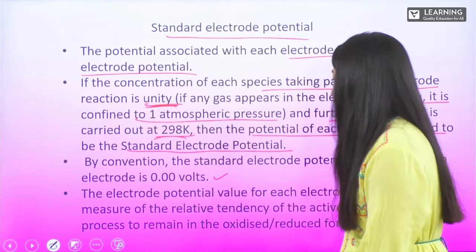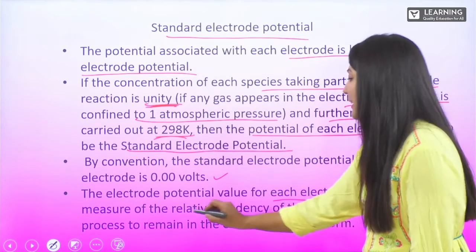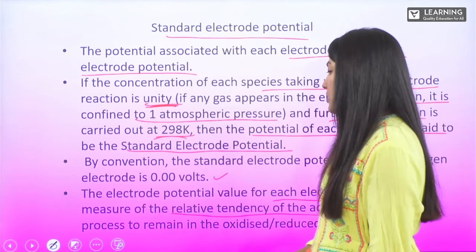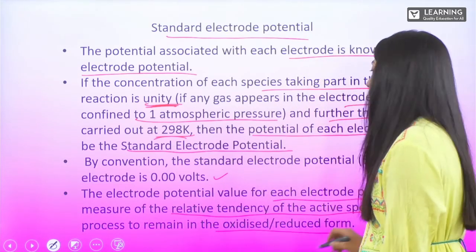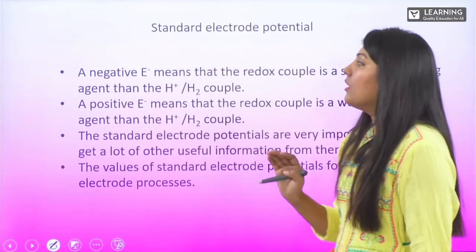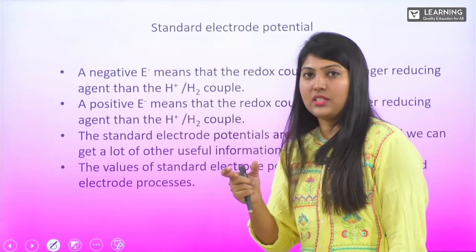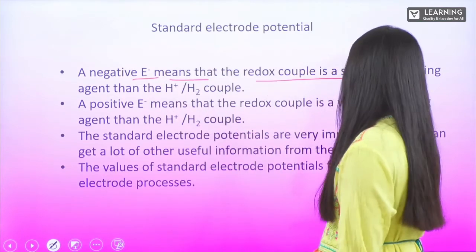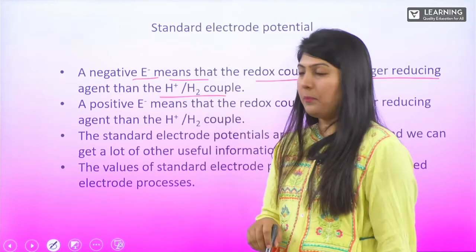So the electrode potential value of each electrode process is a measure of the relative tendency of the active species in the process to remain in the oxidized or reduced form. Positive or negative E°, you will get the electrode potential difference, right? If that is negative, that means the redox couple is a stronger reducing agent than the hydrogen couple.